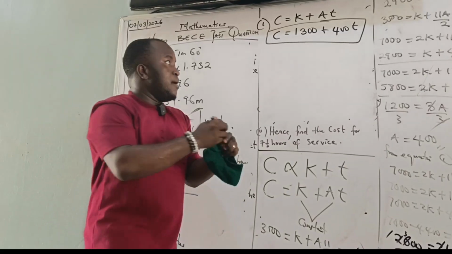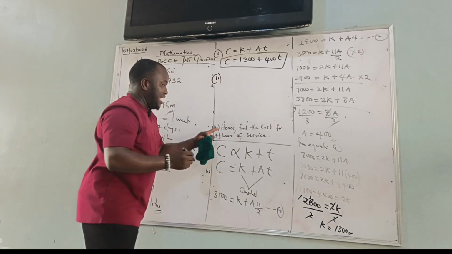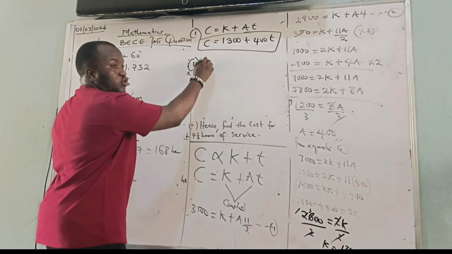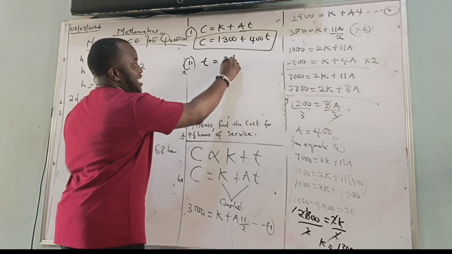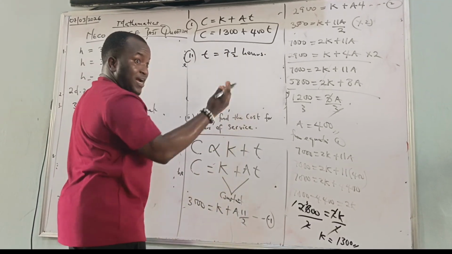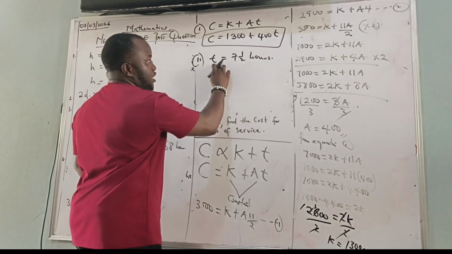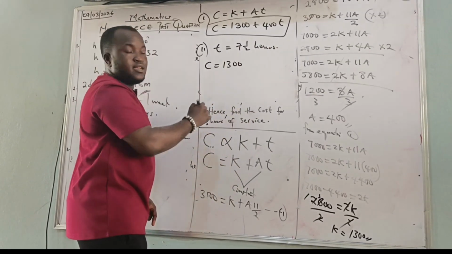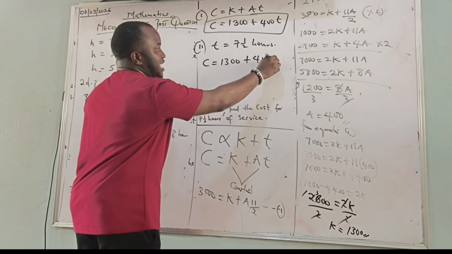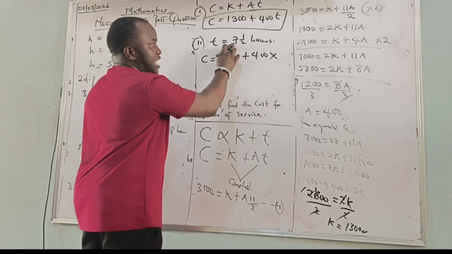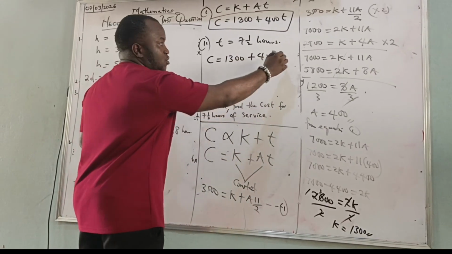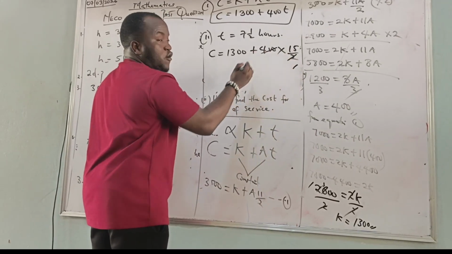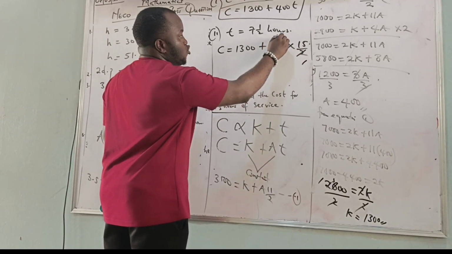Number 2, they said hence find the cost for 7.5 hours of service. So you write, when t equals 7.5 hours, you just substitute t here. C equals 1,300 plus 400 times t. Change this t to an improper fraction, that's 15 over 2. 2 goes into 400 200 times.